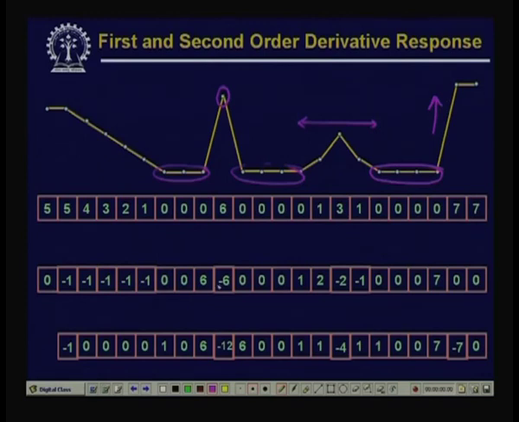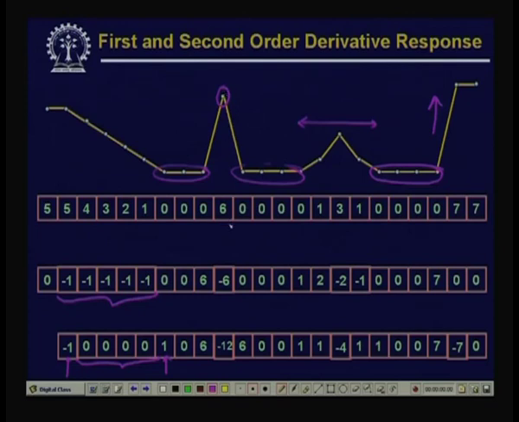Now if you compare the response of the first order derivative and the second order derivative of this discrete function, you find that the first order derivative is non-zero along a ramp. The second order derivative is 0 along a ramp. The second order derivative is non-zero at the onset and end of the ramp.